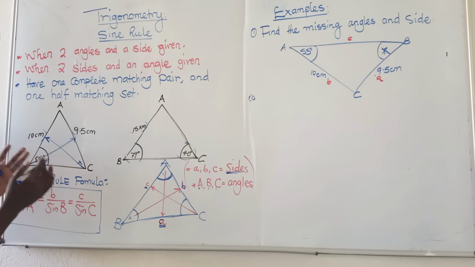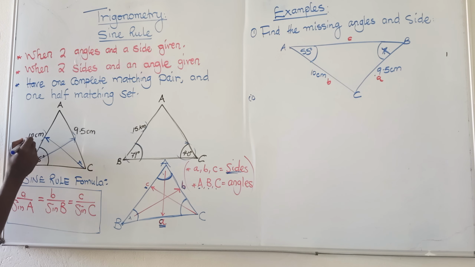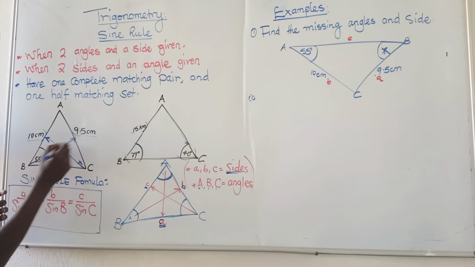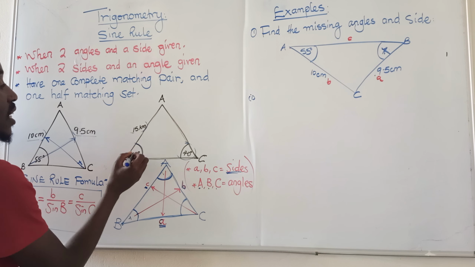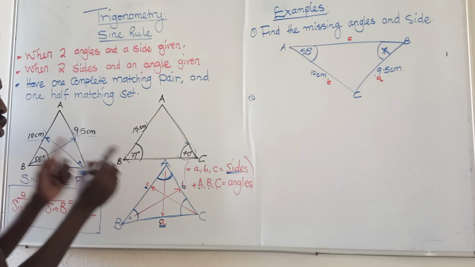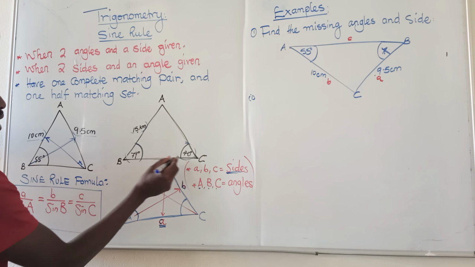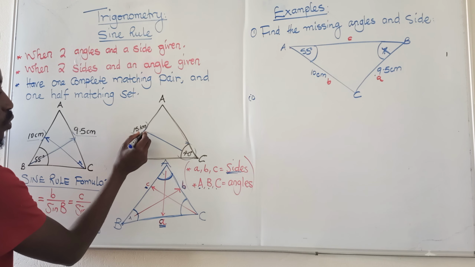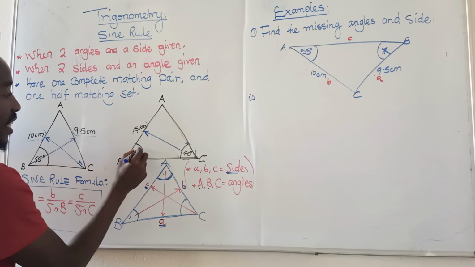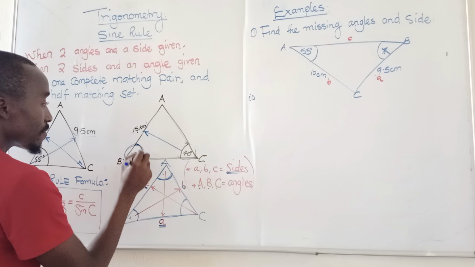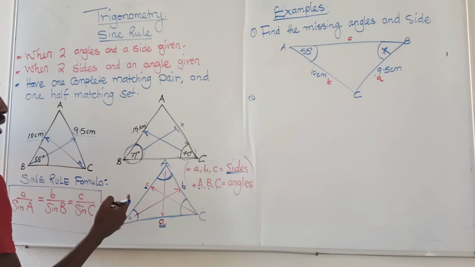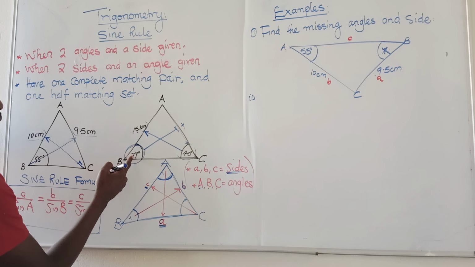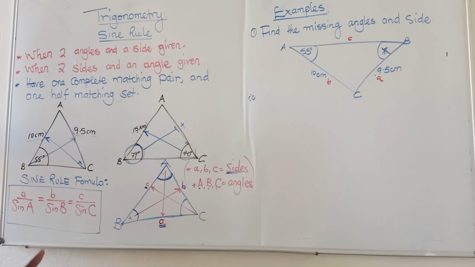When two sides and an angle are given, or two angles and a side, there is always one complete matching pair. Like here, angle C completely matches this side, and here you have half, and here there's no side. So one complete set and one half matching set, then we know that it is the sine rule.